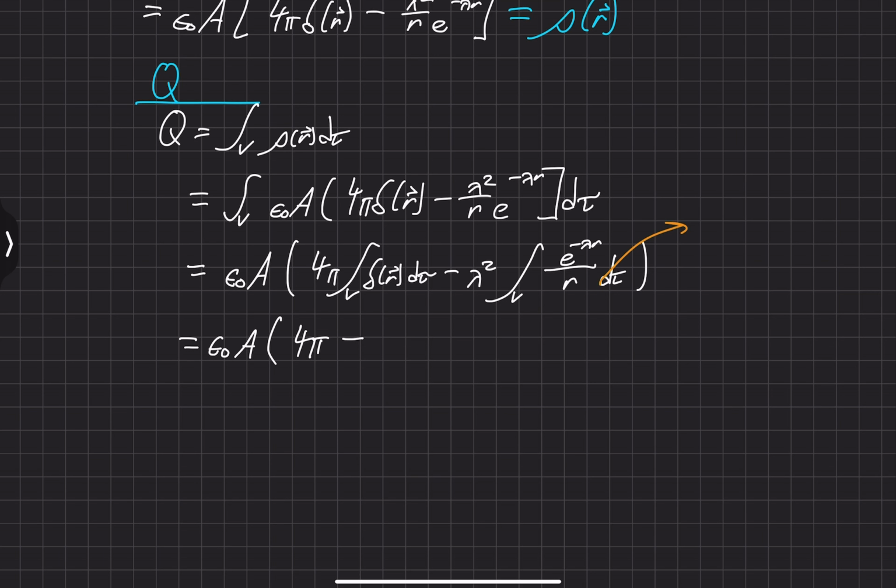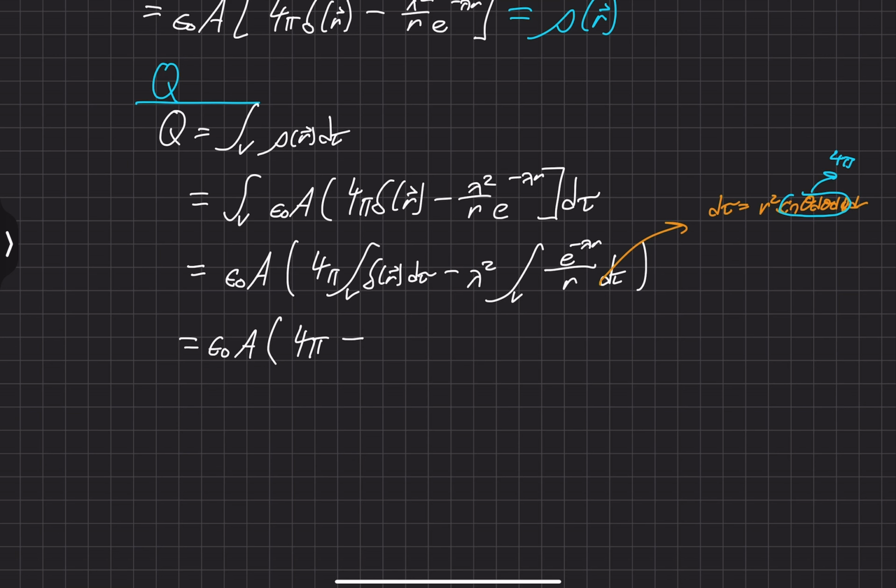So we have d tau is equal to r squared sine theta d theta d phi dr, where of course sine theta d theta d phi, that whole thing is just equal to 4 pi if you integrate over 0 to 2 pi for phi, and then 0 to pi for theta, because there's no angular components here, so we can just make that substitution for 4 pi right there.